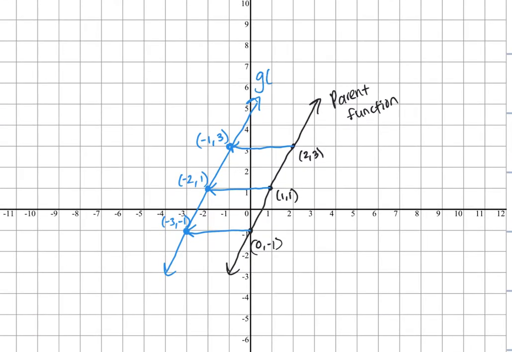This is g of x equals f of x plus 3. Okay? So we moved it 3 units to the left.